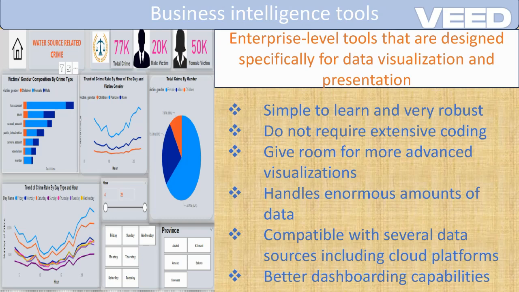If you look at the charts on the left side of this slide, you can see that there are so many visuals on the same page. So this is what you call a dashboard. A dashboard is when you are able to put 6, 7, 8 visuals on the same page, and those visuals can be interactive.